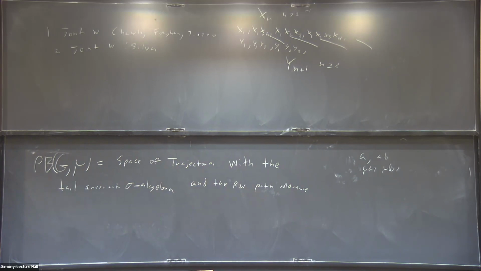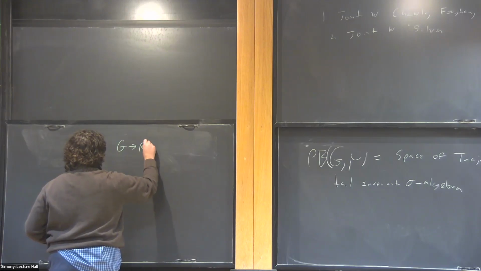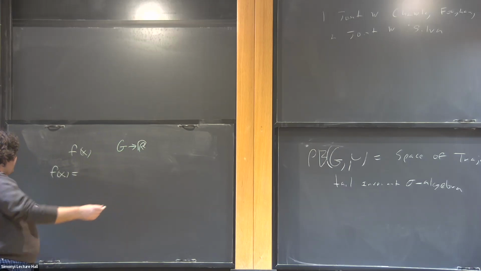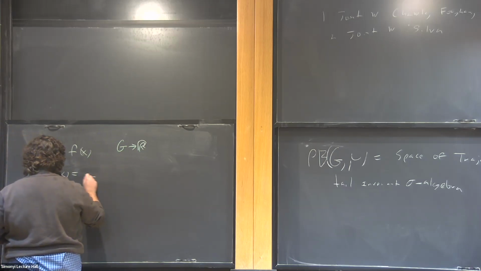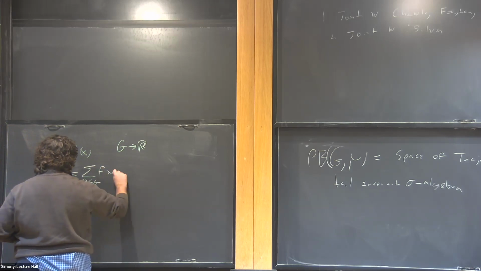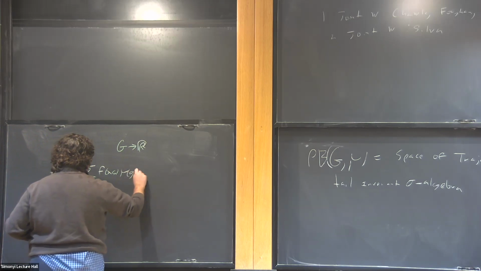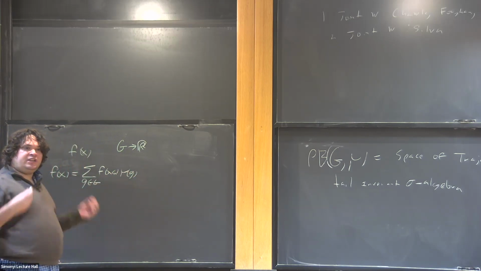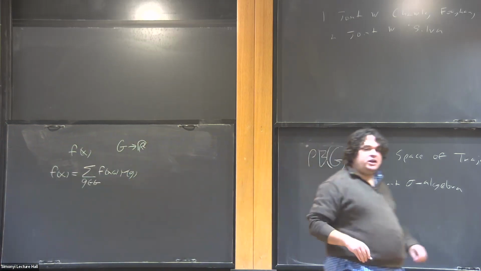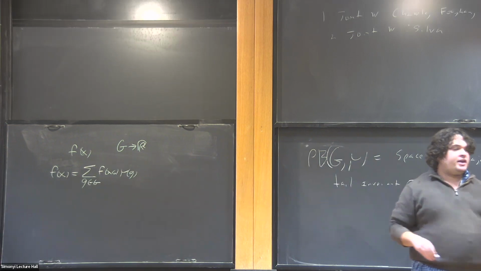Well, a bounded harmonic function is, first of all, a bounded function f from your group G to the real numbers, which satisfies the following averaging property. f(x) is the sum over g in G of f(xg) mu(g). Mu(g) just means the probability that you choose g here. So what this means is that if I want to know the value of my function, I can just go one step forward and take the average.